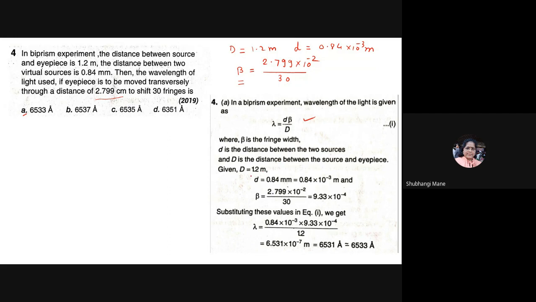Okay, just now we have seen capital D equals 1.2 meter and small d equals 0.84 millimeter. Now substituting these values in equation 1, what is the formula? Lambda equals d into beta upon D. Calculating this, the correct answer is 6533 Angstrom units. So the first option is correct.